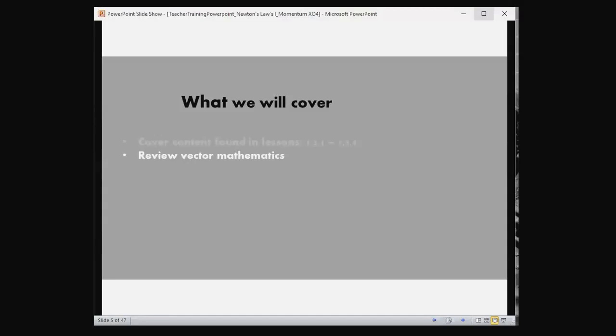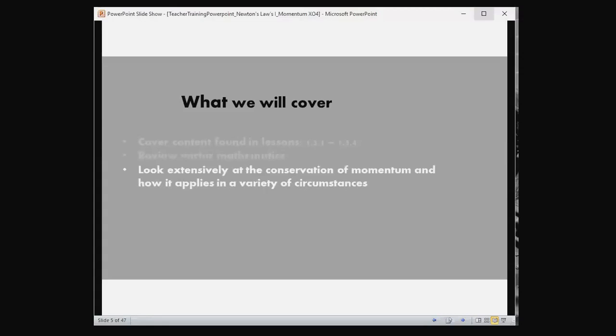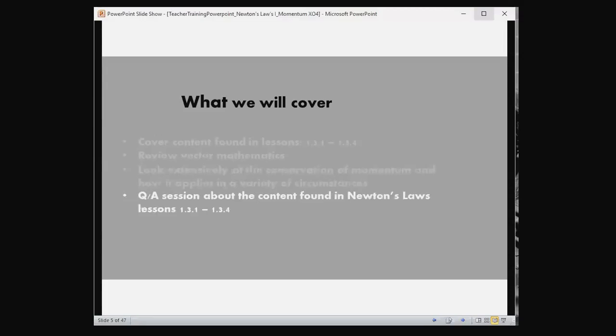We're also going to talk a little bit about vector mathematics, and we're going to look extensively at the conservation of momentum and what this means. After all of that, we're going to have a question and answer session about the content found in Newton's laws, specifically the first 4 lessons of Newton's Laws 1. And without any further ado, let us jump in.